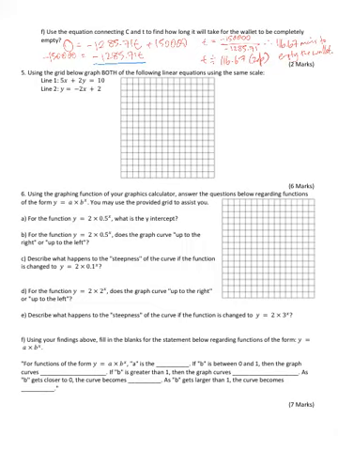Question 5, using the grid below, graph both of the following linear equations using the same scale. This time, the first line is in general form, 5x plus 2y is equal to 10. The y-intercept is when x is equal to 0, so we substitute x being 0 into that. 5 times 0 is 0, so all you're going to be left with is 2y is equal to 10.